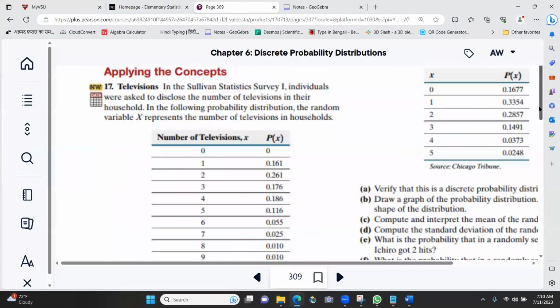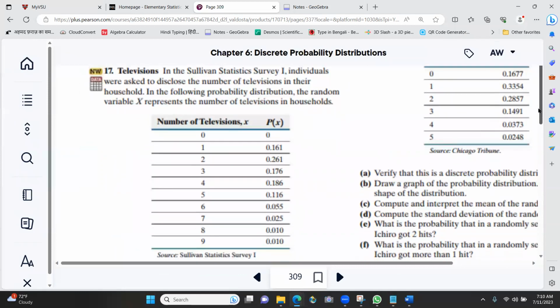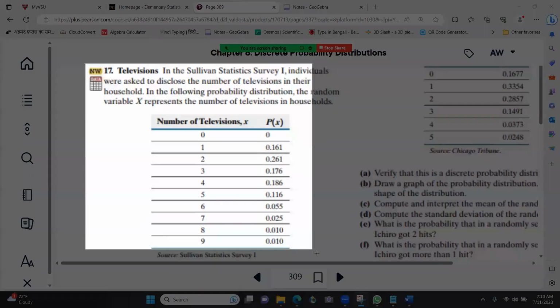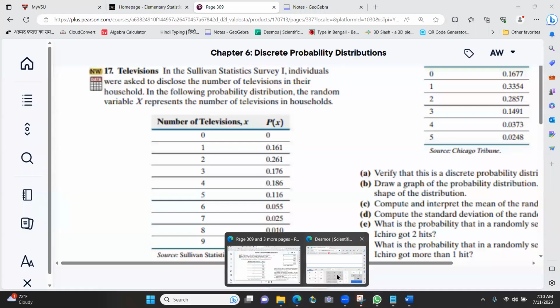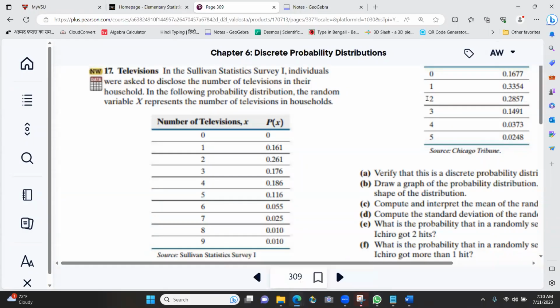Now, about drawing the graph, I'm not going to draw it, because your exam or your book will give you the options of the graph, and you're going to pick it. There's nothing to it. It's like a histogram with a vertical line going up. So I won't draw the graph. That's the only thing I'll skip.